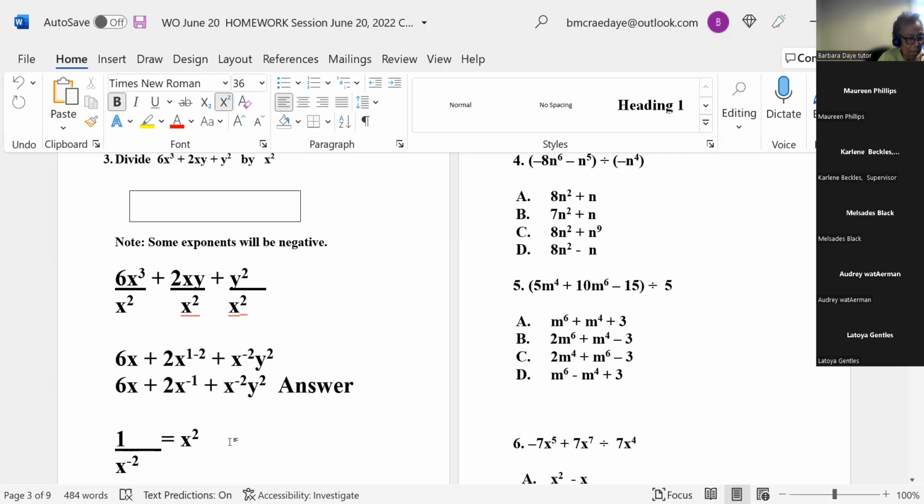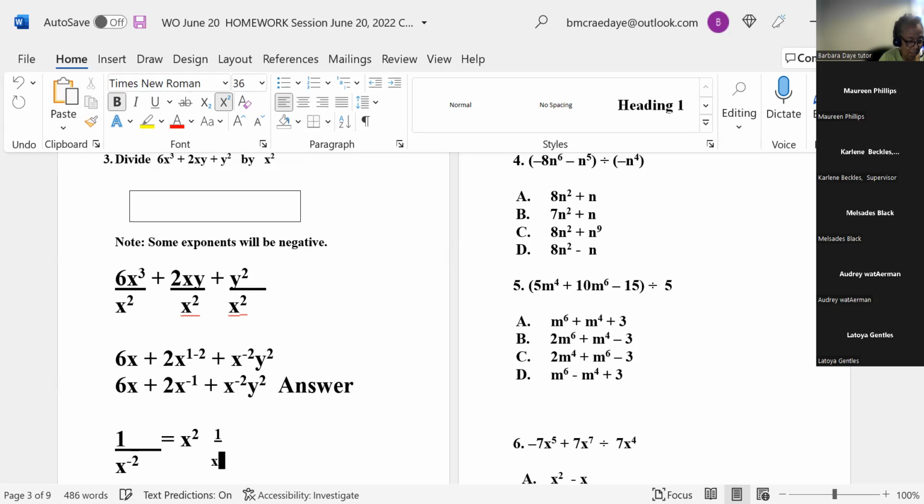And if I had this as a plus, then it becomes a minus. You follow? If this was 1 and I make this over x to the second, let me just put x to the second here.